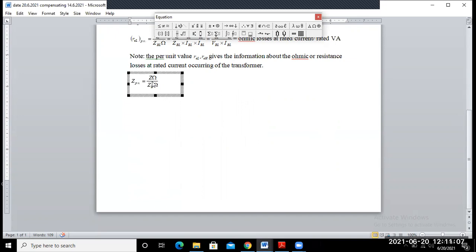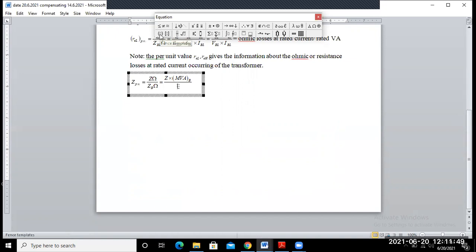Okay. So if you put the value of base impedance here, then we can write that Z in ohm into MVA at base value, divided by kilovolt base value whole square.